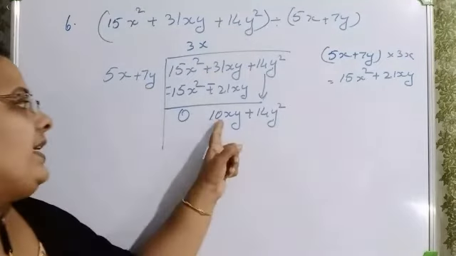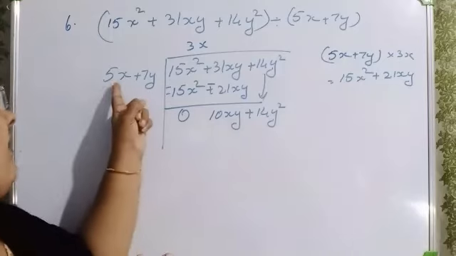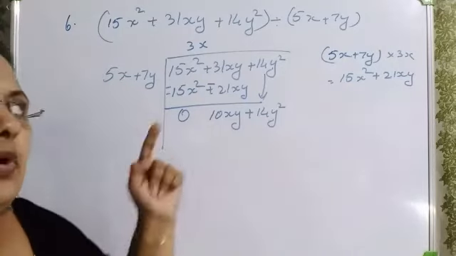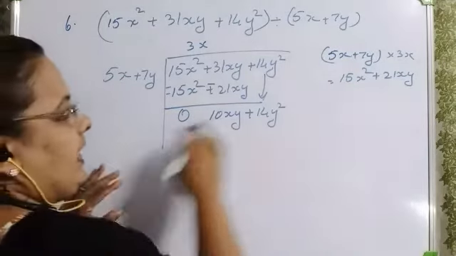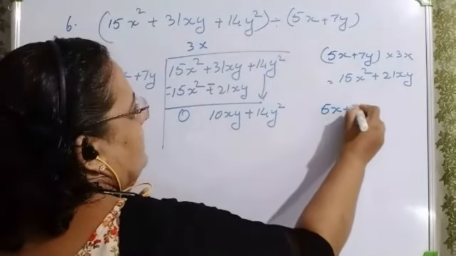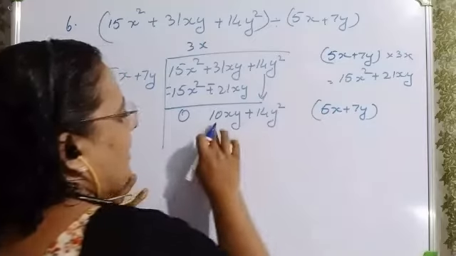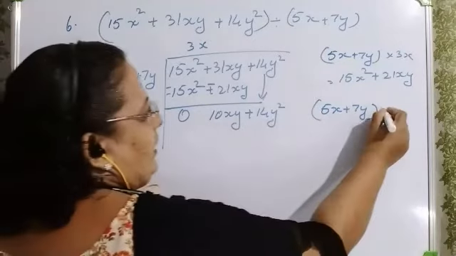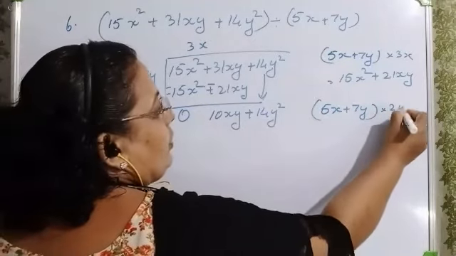Okay, so here it is 10xy and we are having here 5x. So what should be multiplied to 5x to get 10xy? That is 5x plus 7y multiplied. You have to make it into 10xy, so you have to multiply it by 2y, isn't it?